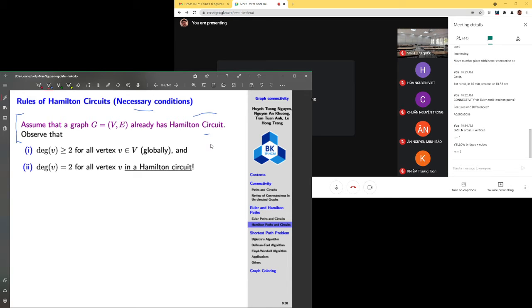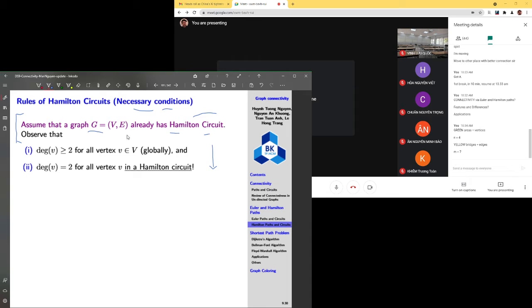You can list all the properties, and those properties we call the necessary condition. So if some structure satisfies the definition, and the features you obtain from that, we call necessary condition by logic theory. Okay.